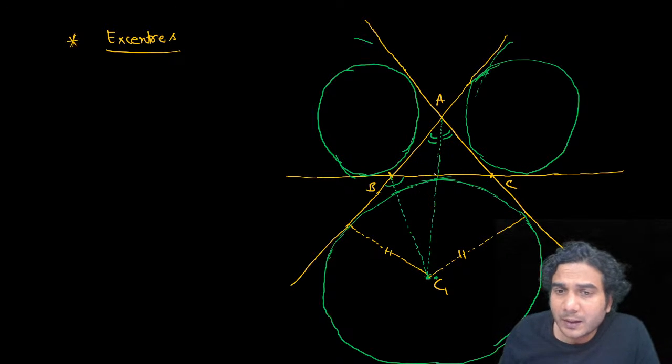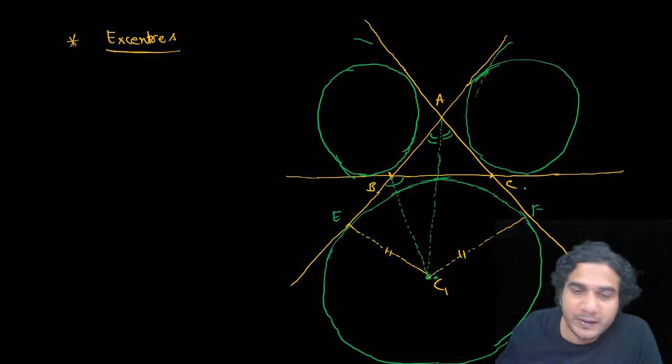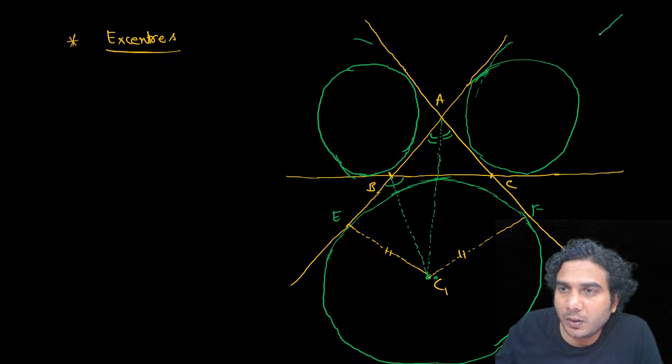Why this angle bisector? Because this circle is touching BC as well as this, say this is BE. Okay, this point is E and this point is F. So it is touching BE and BC. So whenever a circle touches two lines, then its center will always lie on the angle bisector of these two lines. Why?